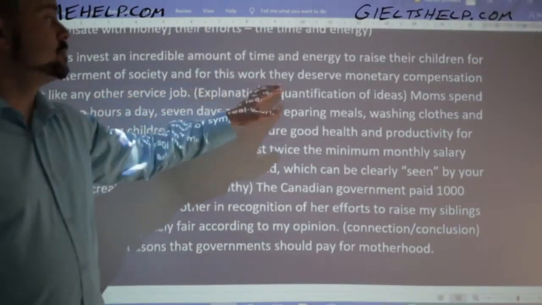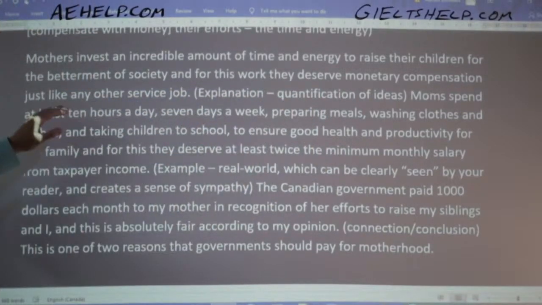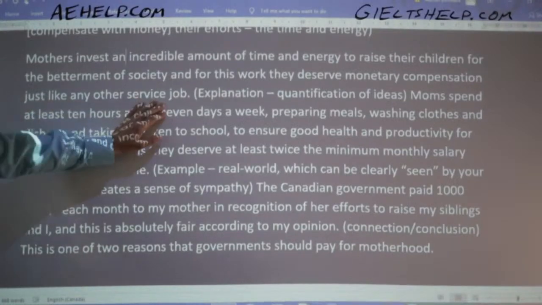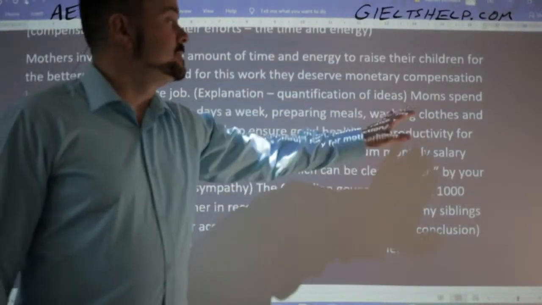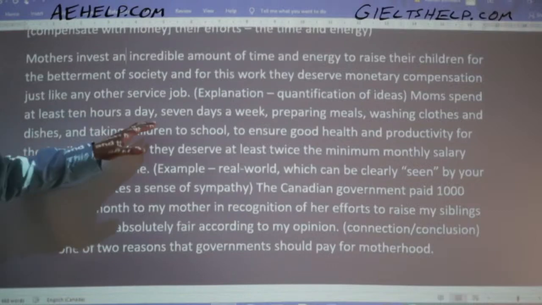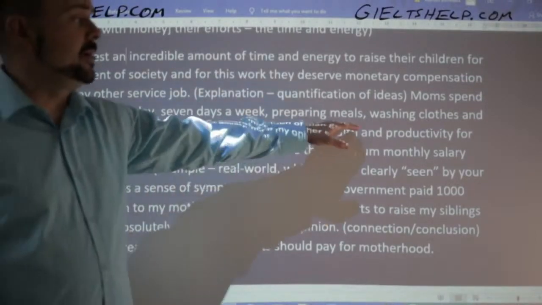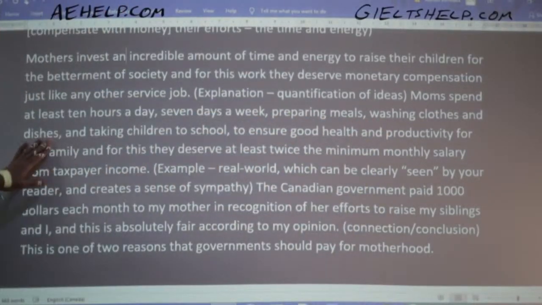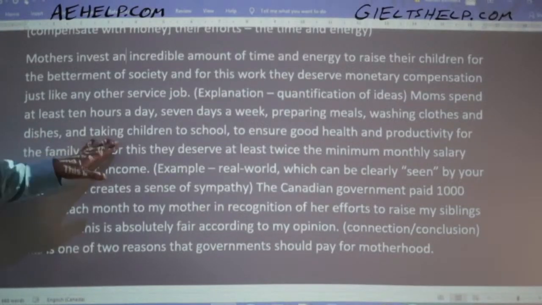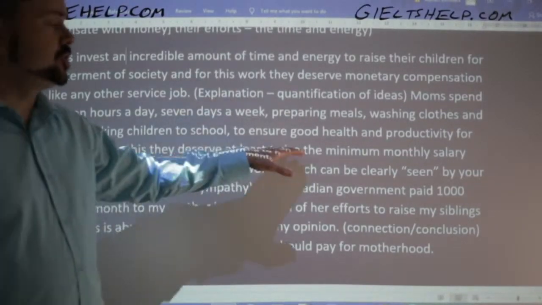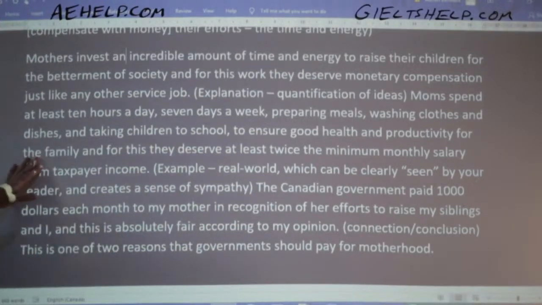And for this work, they deserve monetary compensation just like any other service job. Moms spend at least 10 hours a day, 7 days a week, preparing meals, washing clothes and dishes, and taking children to school to ensure good health and productivity for the family.